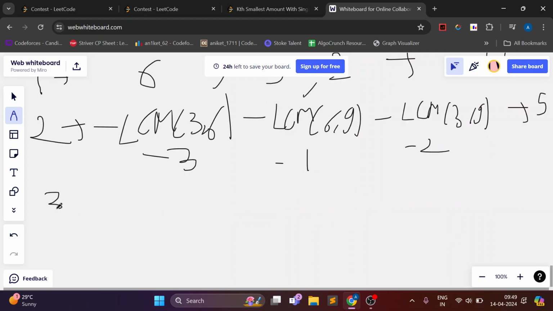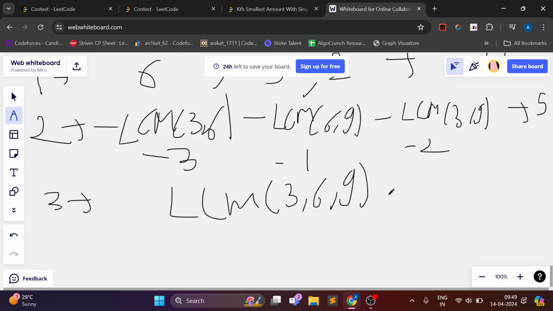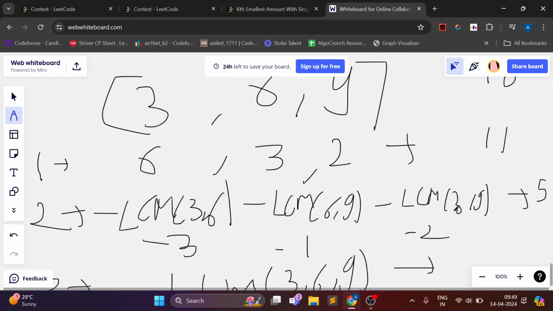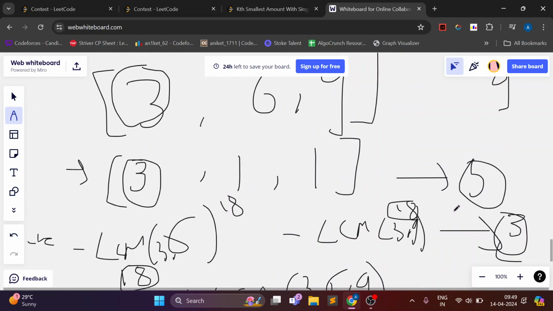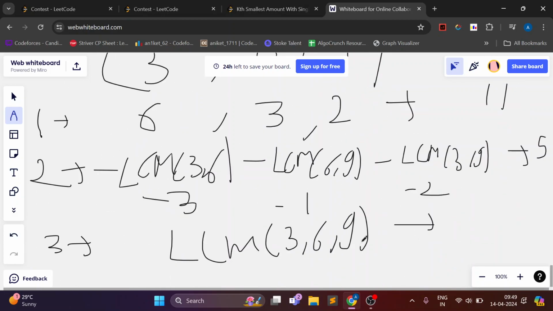Now there is again a third step where we add the LCM of all elements. So the LCM of 3, 6, 9 is 18, and as we are at an odd step, we add 1.